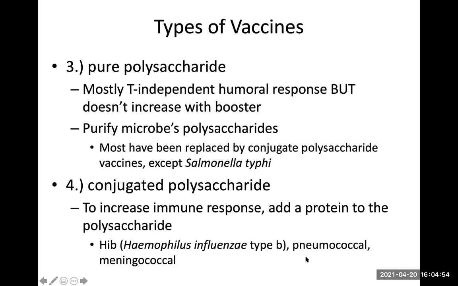Pneumococcal and meningococcal can both cause life-threatening pneumonia. It can even cross the central nervous system, cause meningitis, encephalitis. Meningococcal meningitis is in the name, right? Okay.